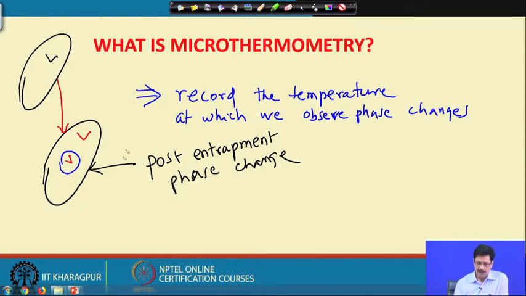So, based on the first assumption of homogeneous entrapment, when we see them at room temperature as a combination of liquid plus vapor, we presume that this took place after the fluid was entrapped and the cavity was sealed, and this happened as a post entrapment phase change.